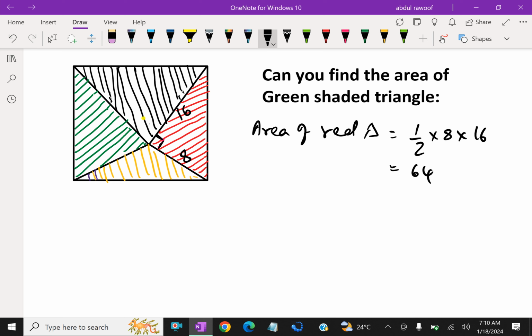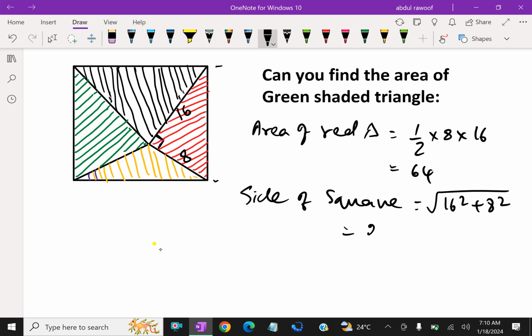Now the side of the square. How to find it? Look at here. The side of the square is the square root of, by Pythagoras, 16 squared plus 8 squared, which is the square root of 256 plus 64, the square root of 320.